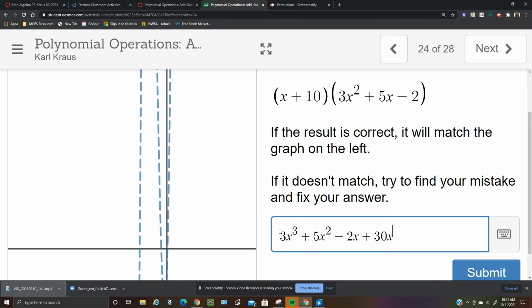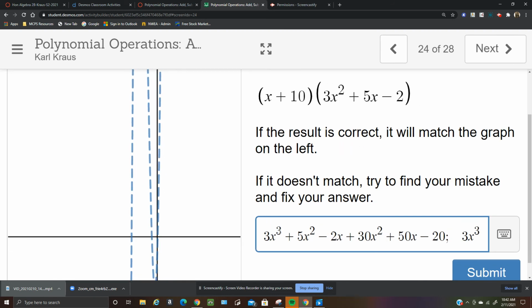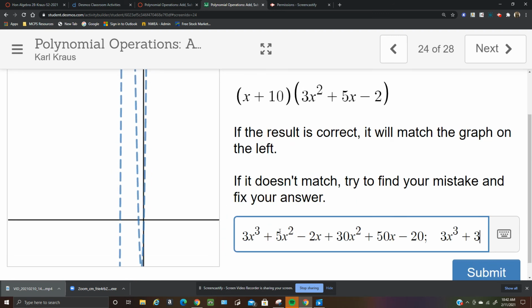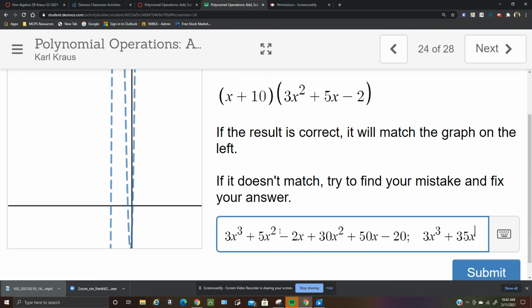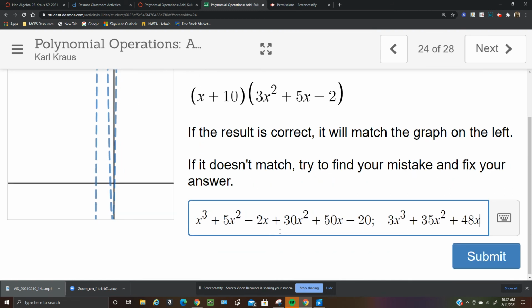30x squared plus 50x minus 20. And then combining like terms, 3x cubed plus 35x squared plus 48x and minus 20.